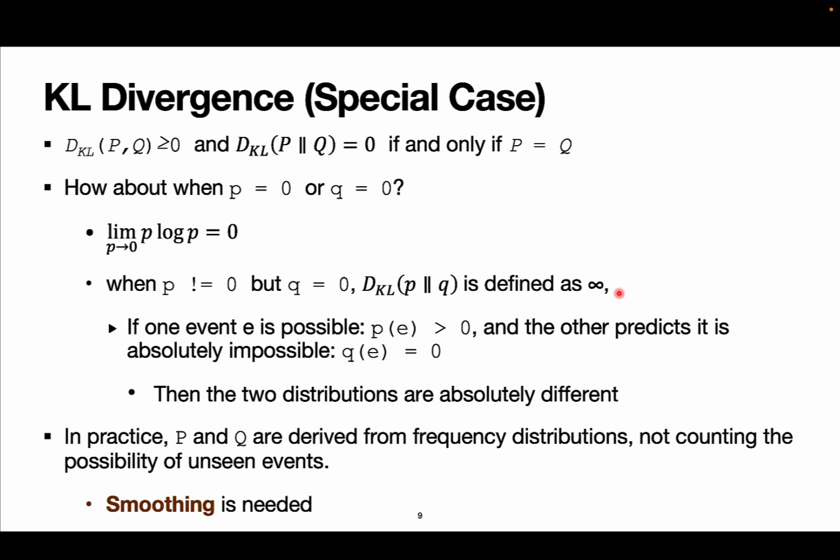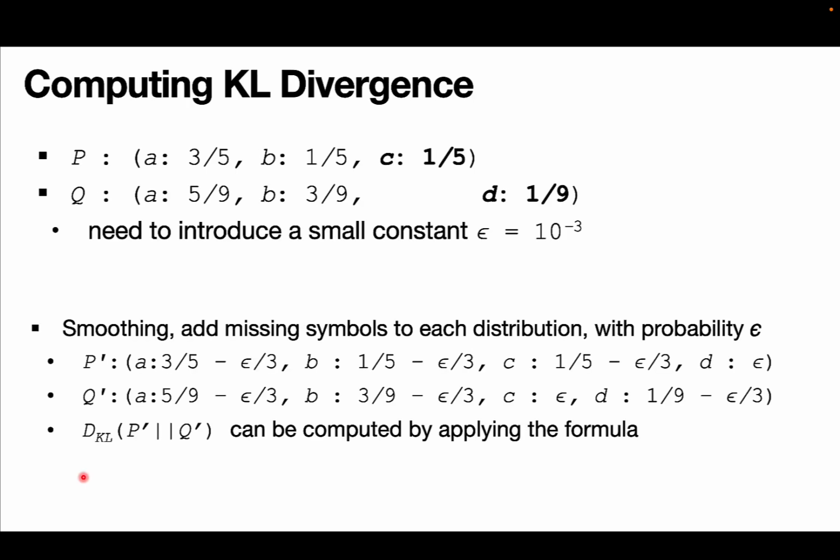To overcome this issue, we need to do smoothing. The most straightforward approach to do smoothing is to add a very small value, epsilon, or subtract it. In this example, the P distribution is missing the D value and the Q distribution is missing the C value.